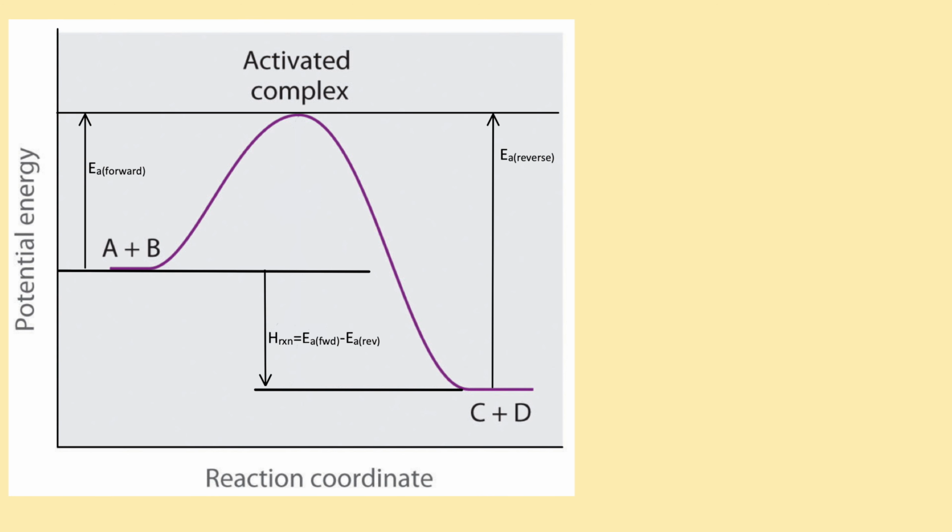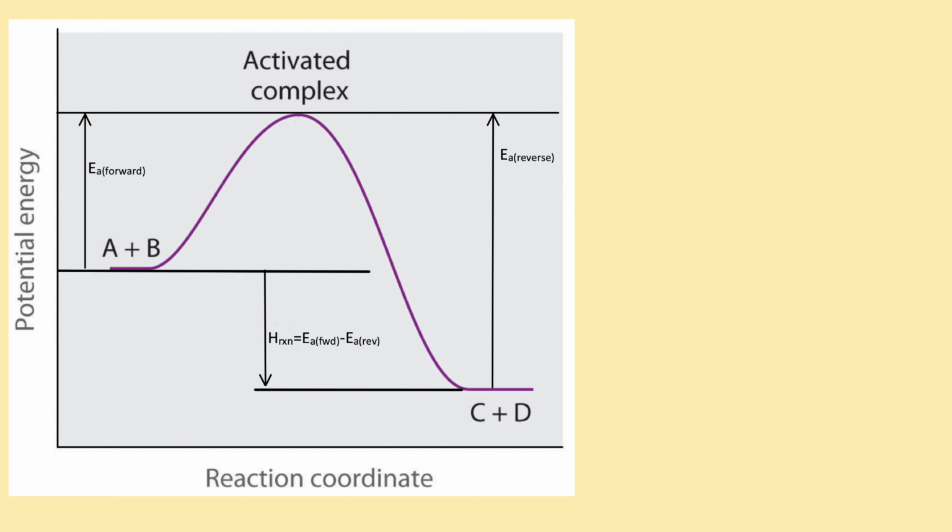These reaction energy diagrams can graphically describe how the potential energy changes as the reaction progresses from reactants to products, including relative energy levels of reactants, products, and transition states. These diagrams also tell us whether a reaction is favorable by calculating the enthalpy of the reaction, which is equal to the activation energy in the forward direction minus the activation energy of the reverse reaction.